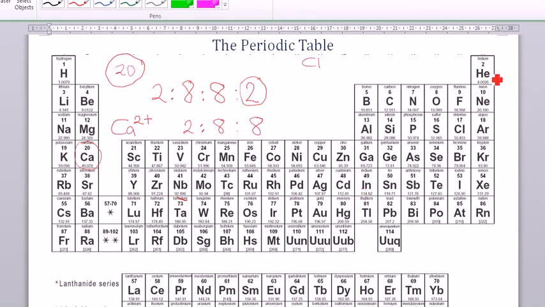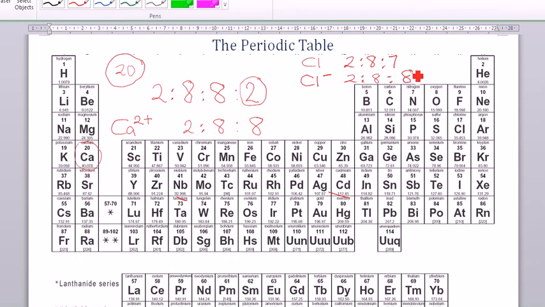Chlorine is 2, 8, 7 as its arrangement, adding up to 17 electrons, which is its atomic number. In order to have a full outer shell, it gains another electron, becoming chlorine negative, which is written as 2, 8, 8.